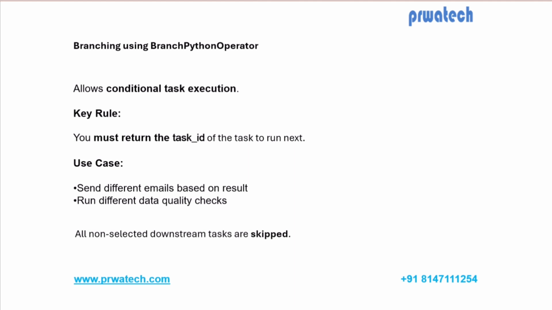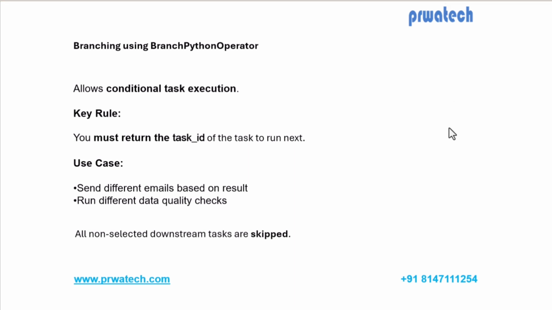And at the end, the final task will run no matter what. XCom is used to pass a decision value. Branch uses that value to decide the route. The final task joins the branches.